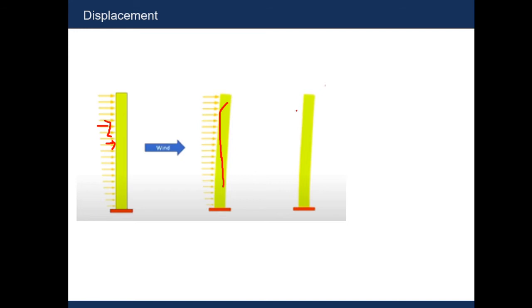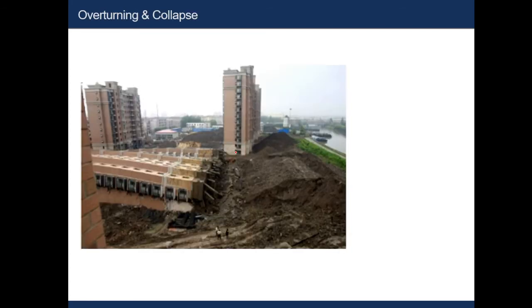We know that when a load is being applied, it will displace in this pattern, and we can see here that tension will develop on this side and compression will develop on this side. So if we can provide reinforcements here, it will resist the deflection by carrying the tensions.